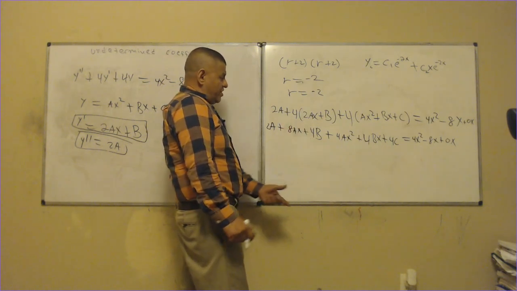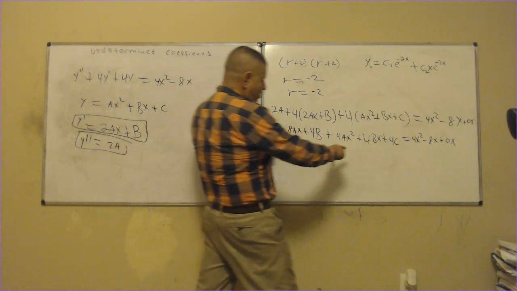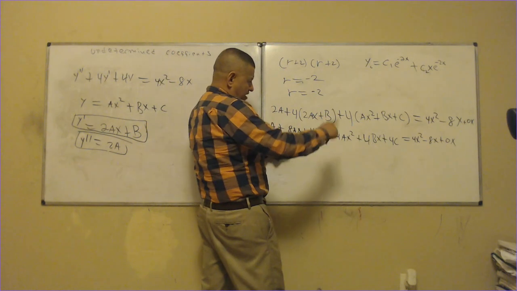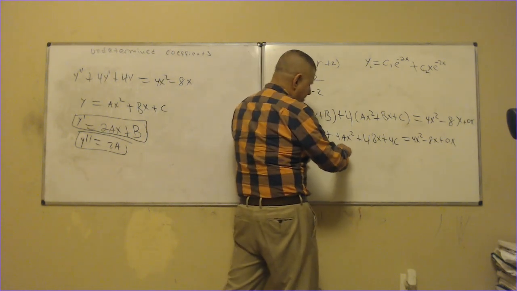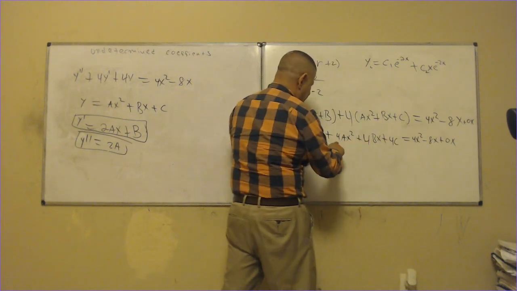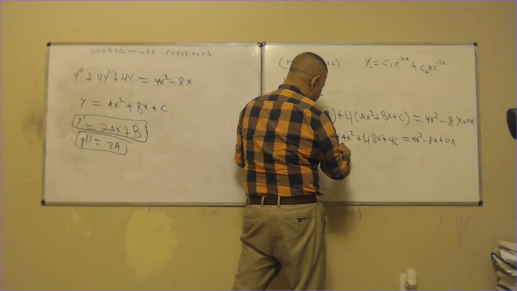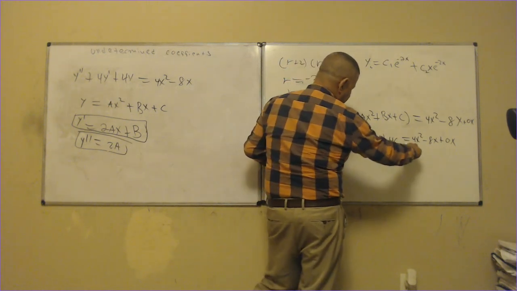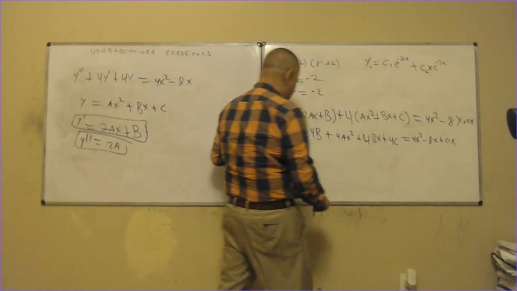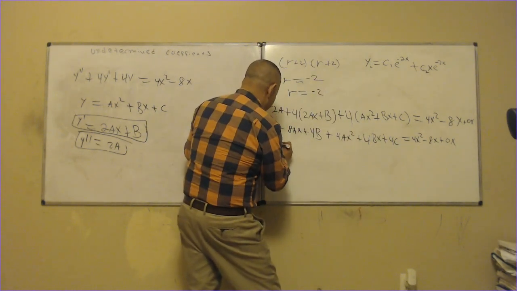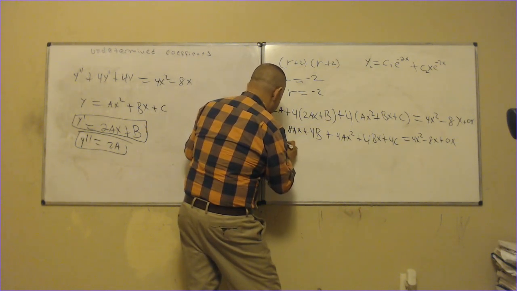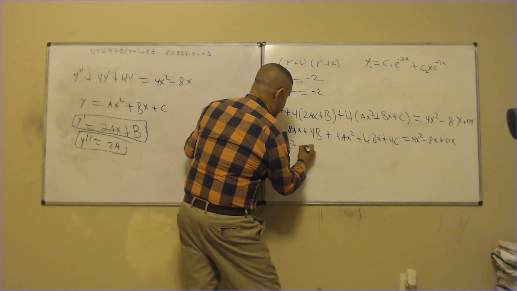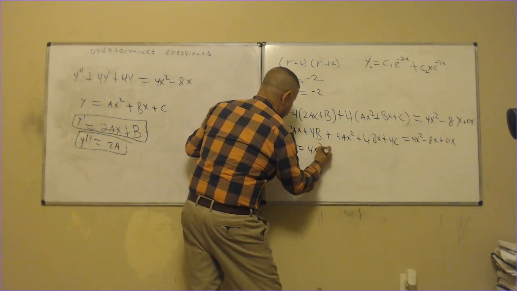So now, what do we do? Let's take care of the big guy first, the highest power. Notice that I have 4ax squared over here, and I got this guy. So what I can do here is the following: 4ax squared is equal to 4x squared.